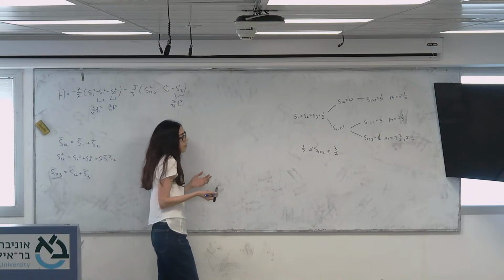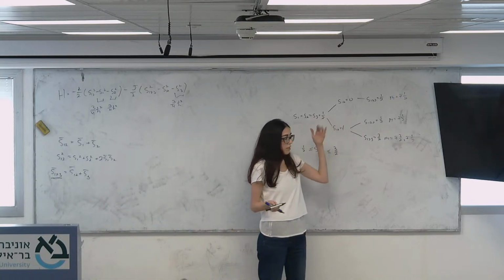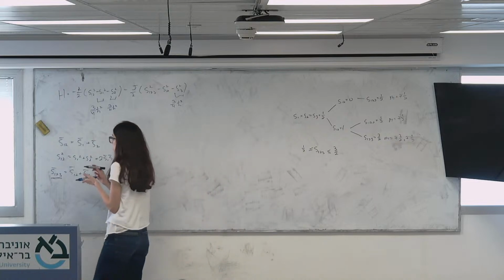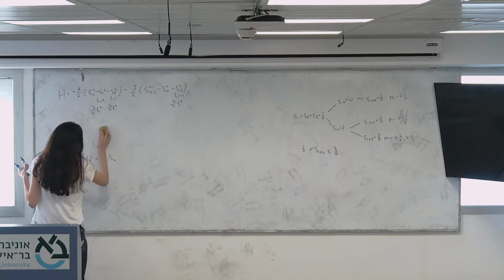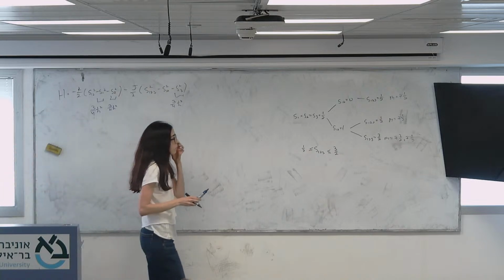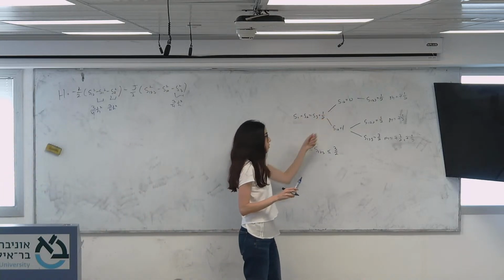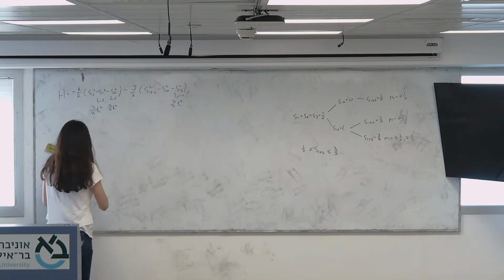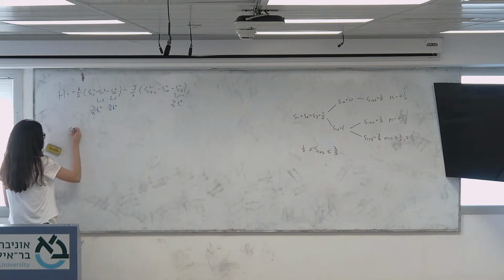They can only have one value, but S12 and S123 have different options. So let's start with the simpler case where S12 is equal to 0. So case 1.